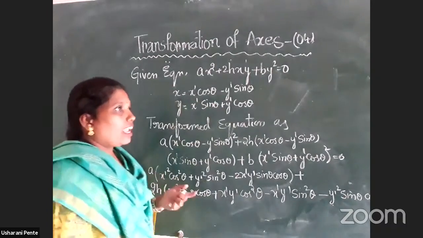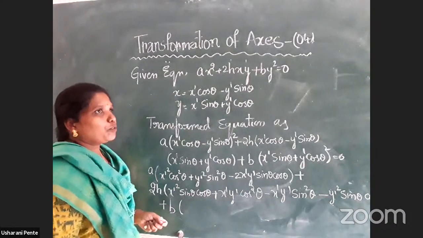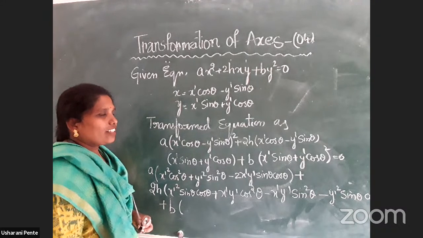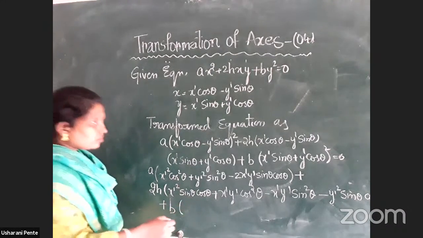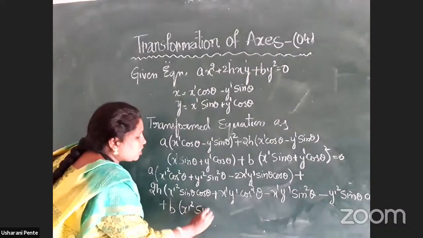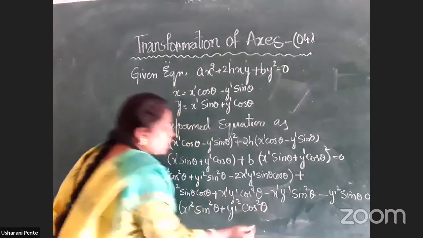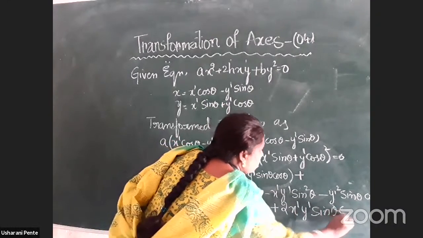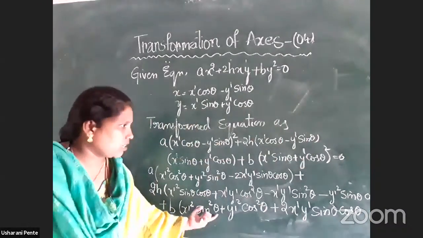Therefore b into, it is in the form of A plus B whole square, that is x dash square sin square theta plus y dash square cos square theta plus 2 times x dash y dash sin theta cos theta, that is equal to 0.